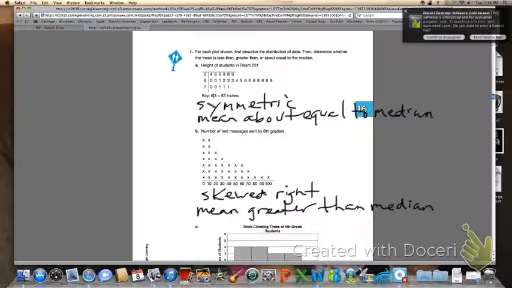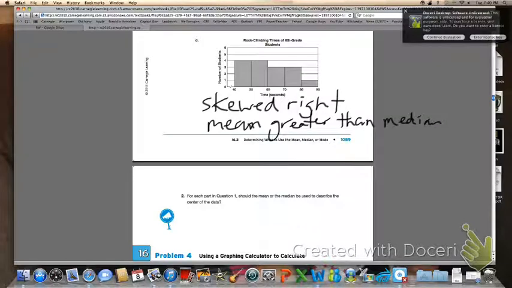Remember, it's going to want to draw itself toward that greater value or that extreme value to the right side of that dot plot. Letter C, much like letter B, the distribution of the histogram is also skewed right, so that would mean that the mean is greater than the median for letter C.